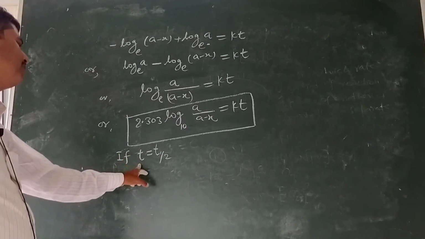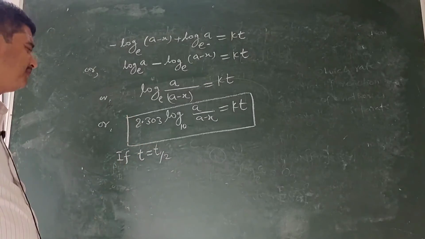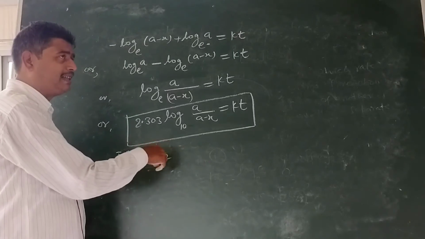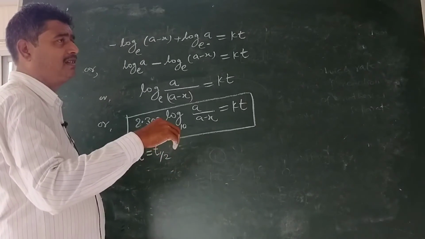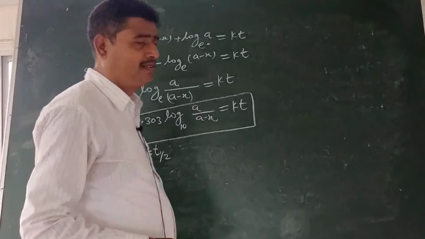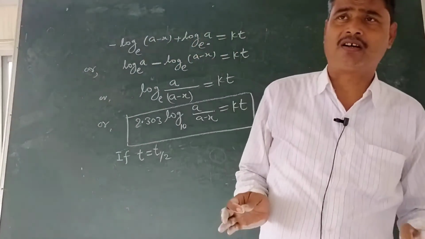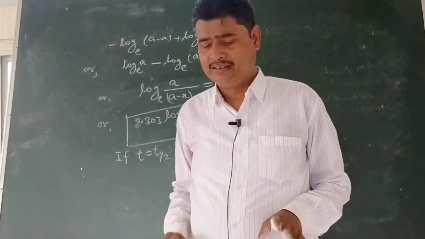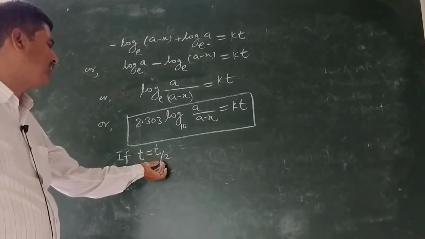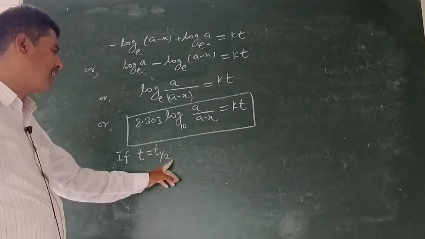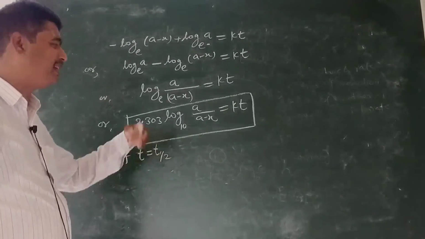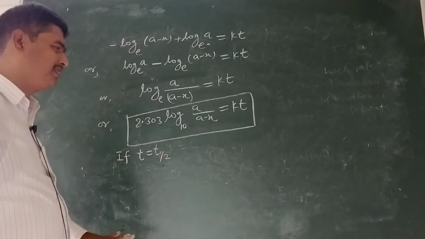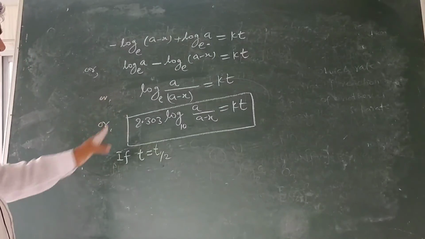Here half in t half is a symbol; this half will not be used in operation. We have four types of operation: plus, minus, multiplication, division. Half is used as a symbol and will not be used in any operation. So come back to the main topic.